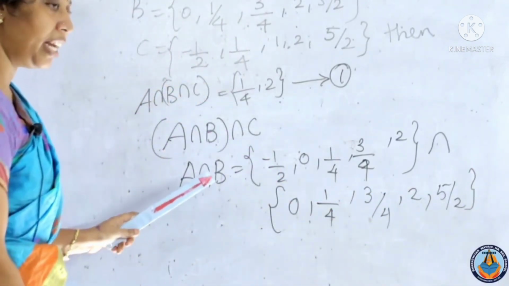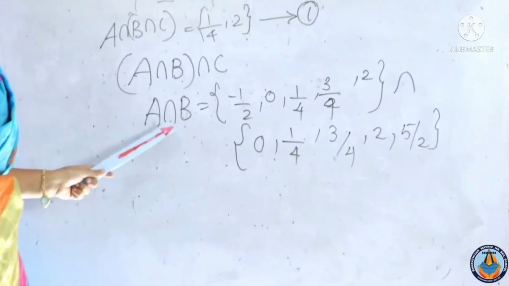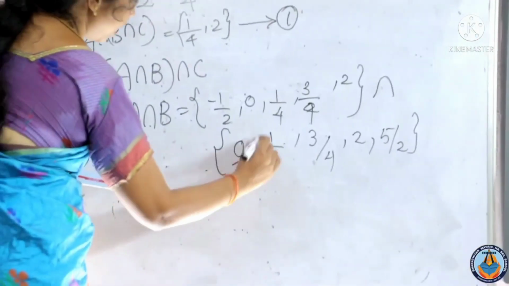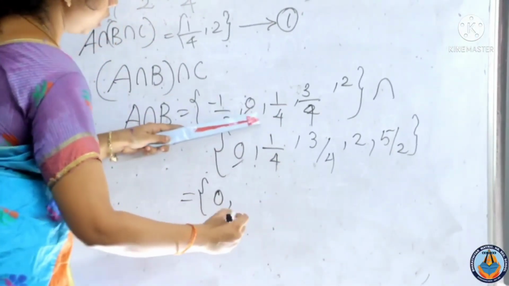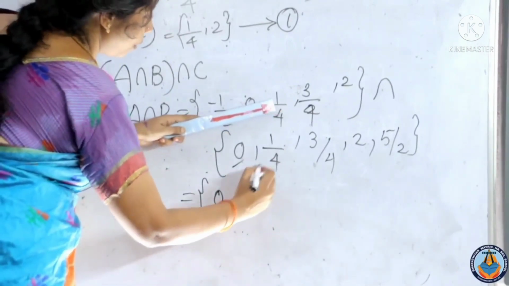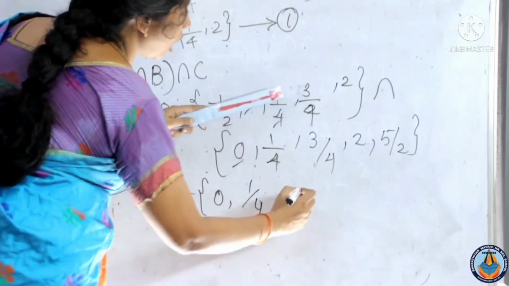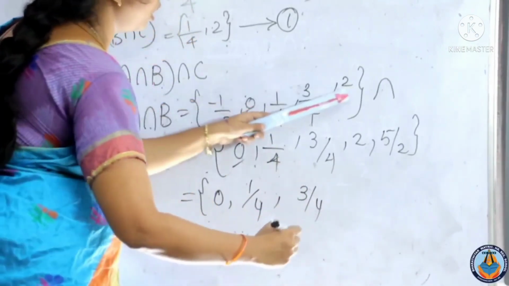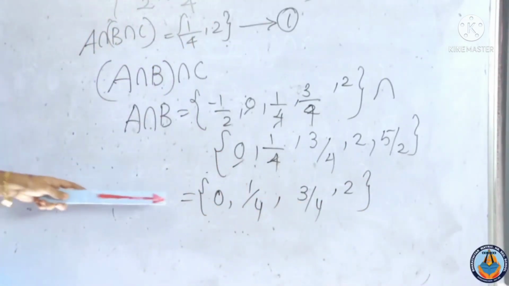You have to find intersection A intersection B. Intersection means common elements. What are the common elements here? 0, 1/4, 3/4 and 2 are the common elements.